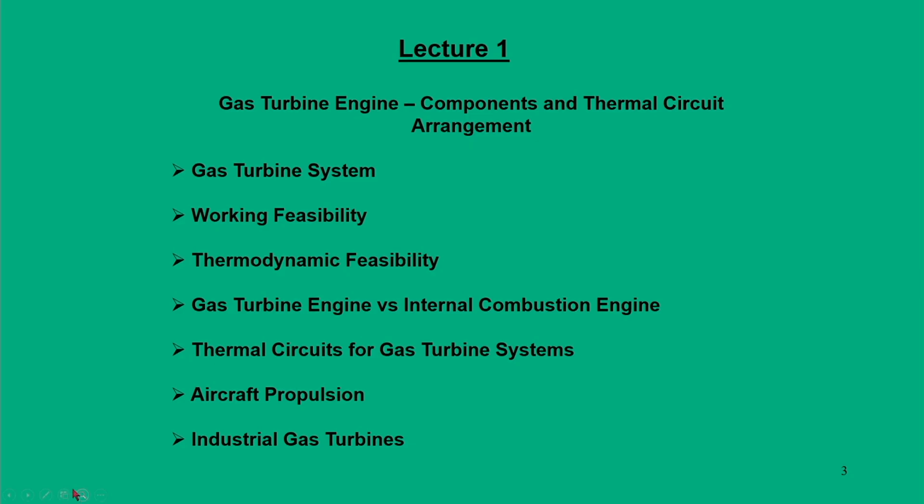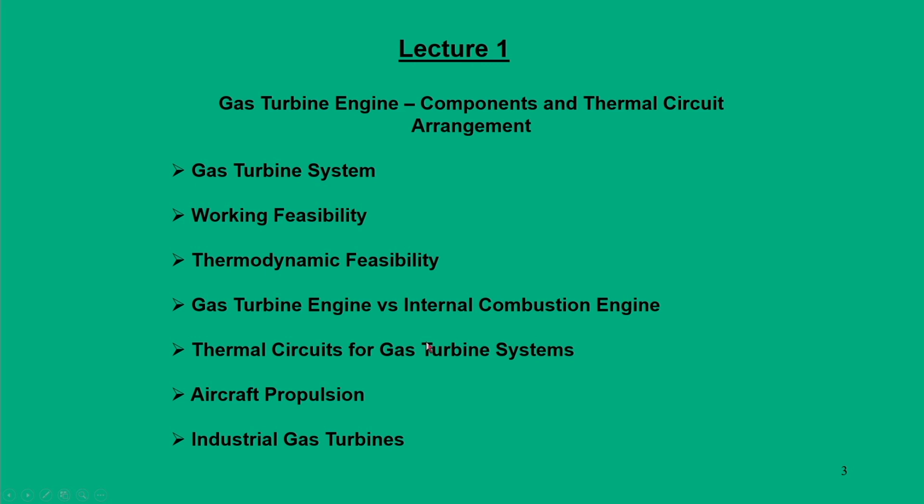is gas turbine engines. Now, let me start with the first lecture, that is gas turbine engines, and in this we will discuss the components, different thermal circuit arrangements, and another subsection in this lecture would be the working feasibility, thermodynamic feasibility, and we will try to see how a gas turbine engine is different from an internal combustion engine.